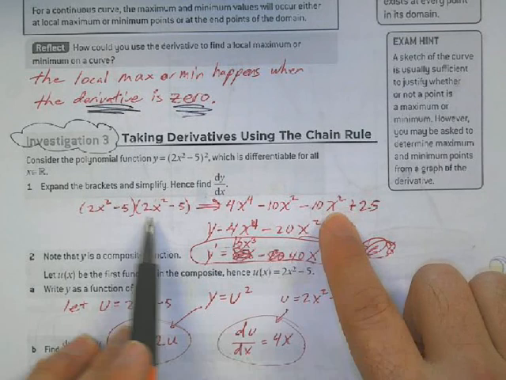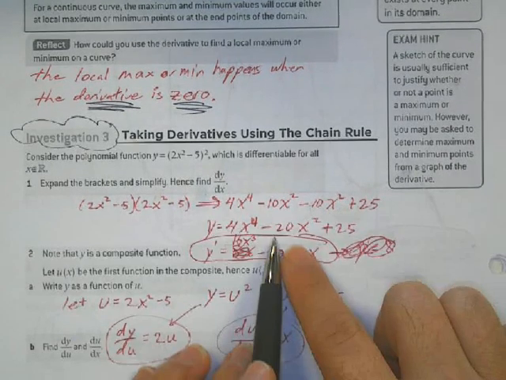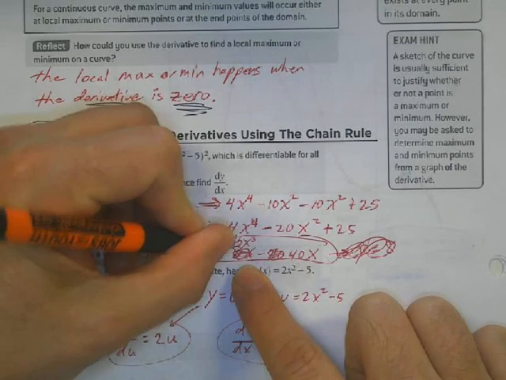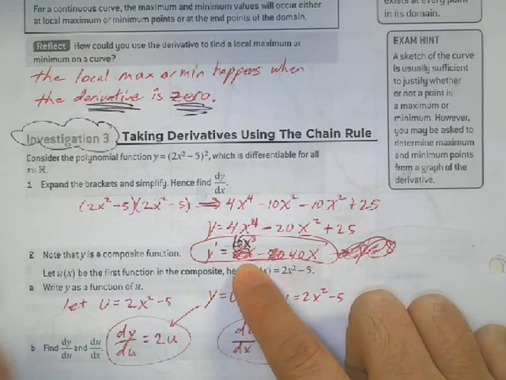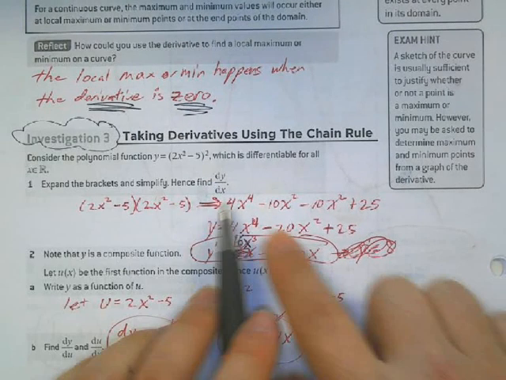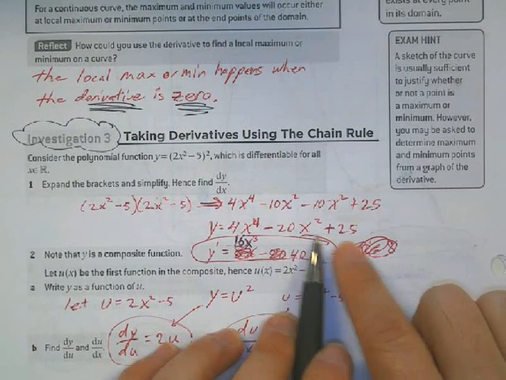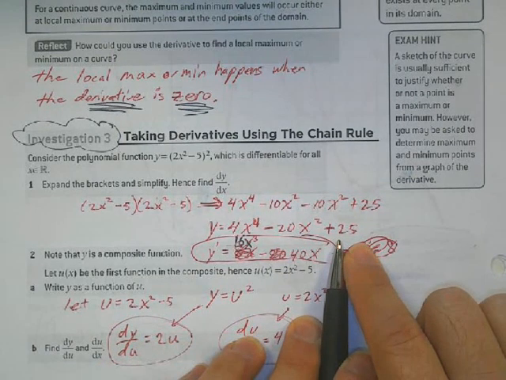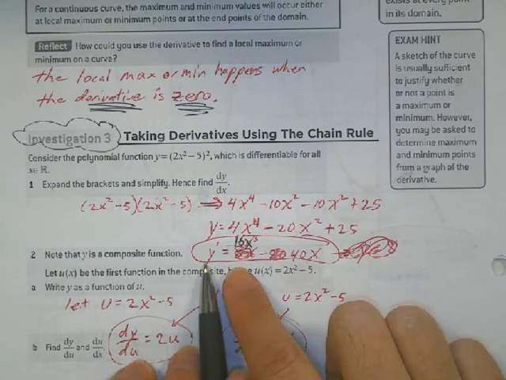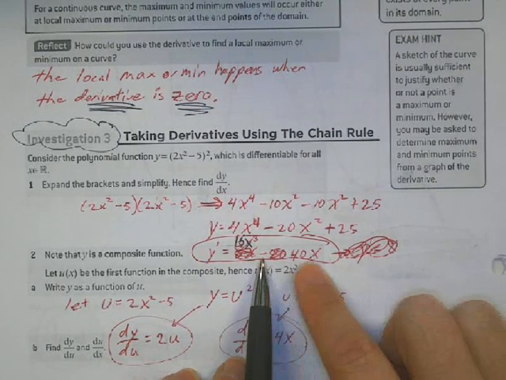And negative 5 times negative 5 gives me positive 25. Combine the middle terms, and we end up with 4x to the fourth minus 20x squared plus 25. So if I take the derivative, we end up with 16x cubed minus 40x.